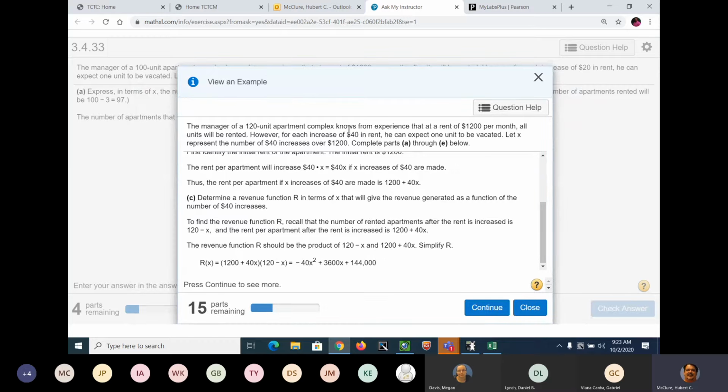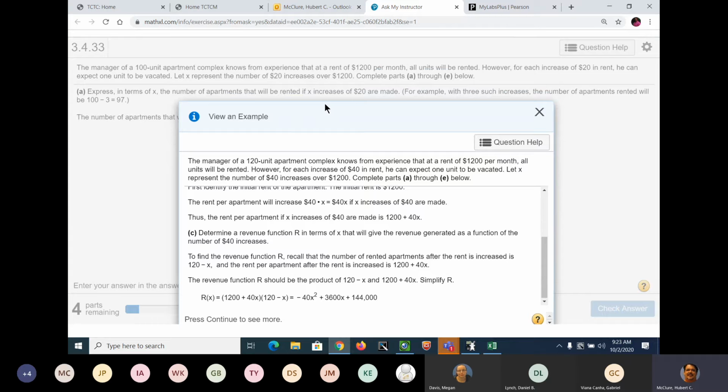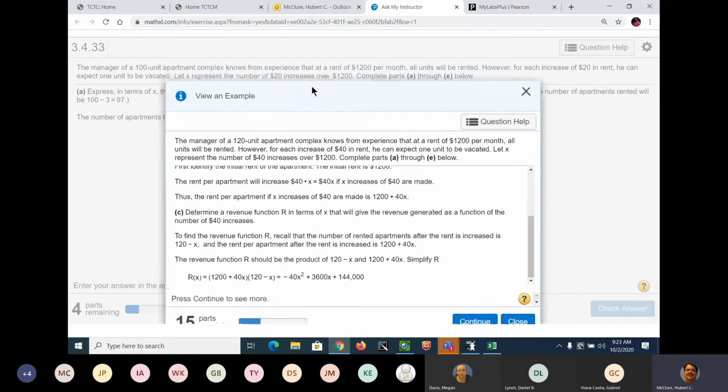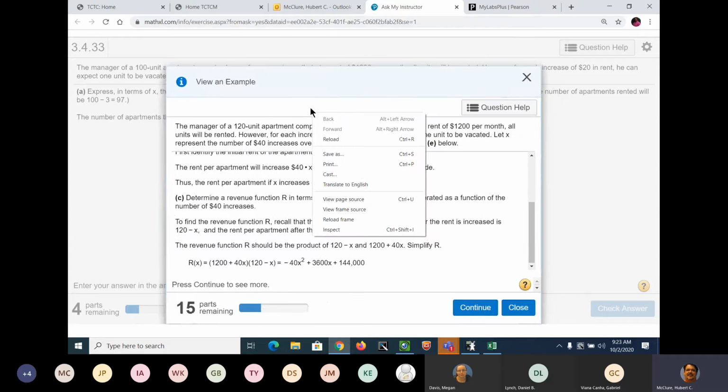So we're going to have 1200 plus 20x. Wait a minute, not 1200. It'd be 1000. Hold on a second. No, 1200. This is 1200. Okay, 1200 plus 20x, multiplied by 100 minus x.